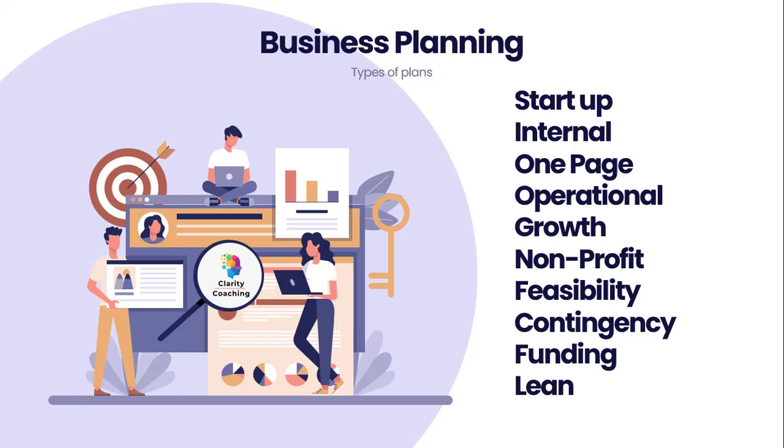And then finally on here, I've got the lean business plan. A lean business plan is a really simplified plan, and it's often used in the early stages for internal planning. It will look at things like key activities, key resources, key customer relationships. What are your customer segments? Who's that ideal customer of yours?